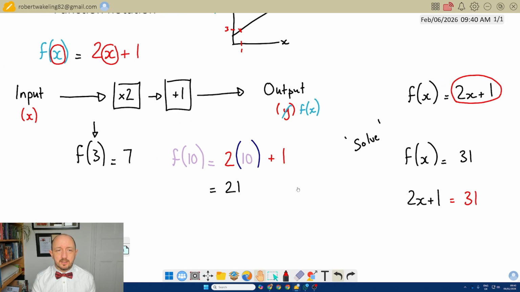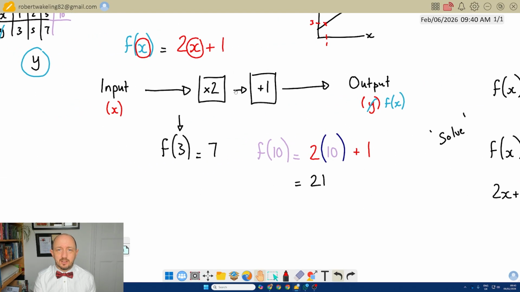And if we go back to our original input-output machine, when you solve, you're going backwards. So we're actually starting with our output of 31, and I want to know which value of x would have given me that, which is what we always do when we solve an equation anyway. So I'm going to go in reverse.